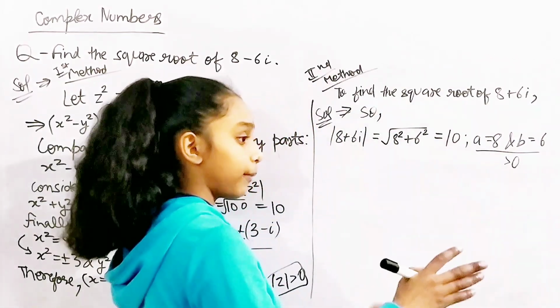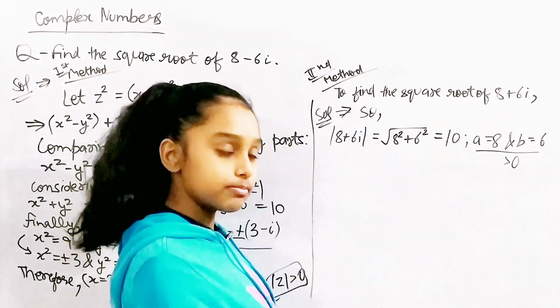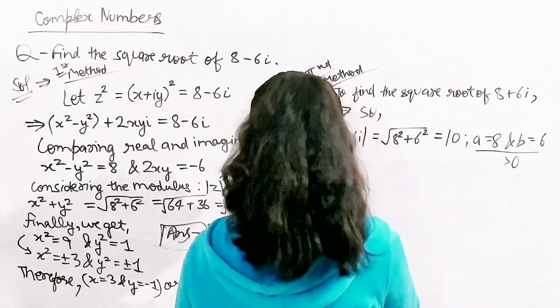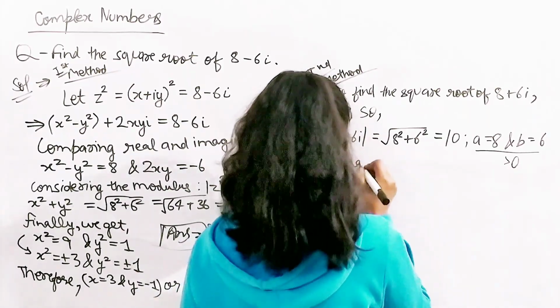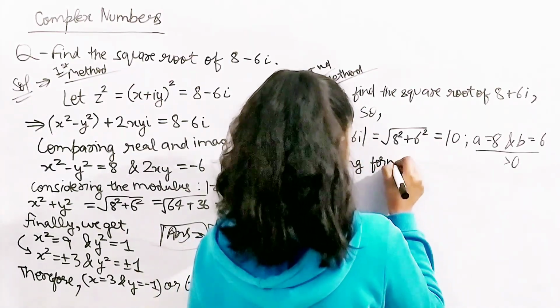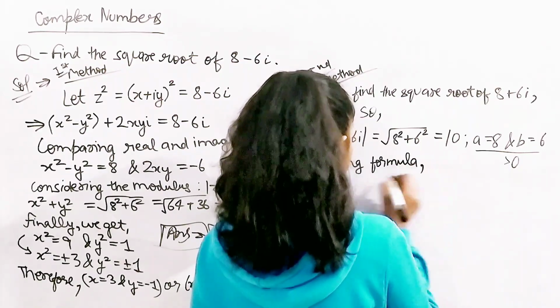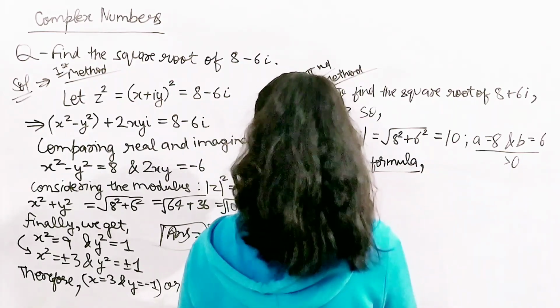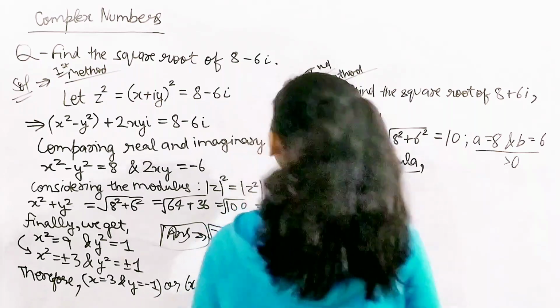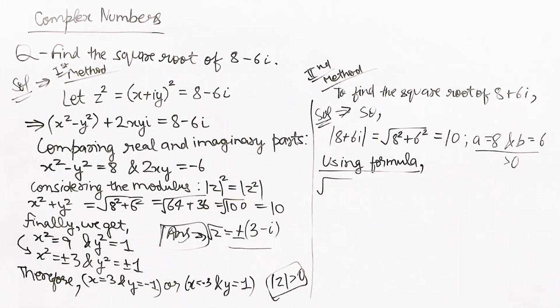Now we're going to finally compare it with a plus iota b. So now using the formula, what do we have? a plus iota b.